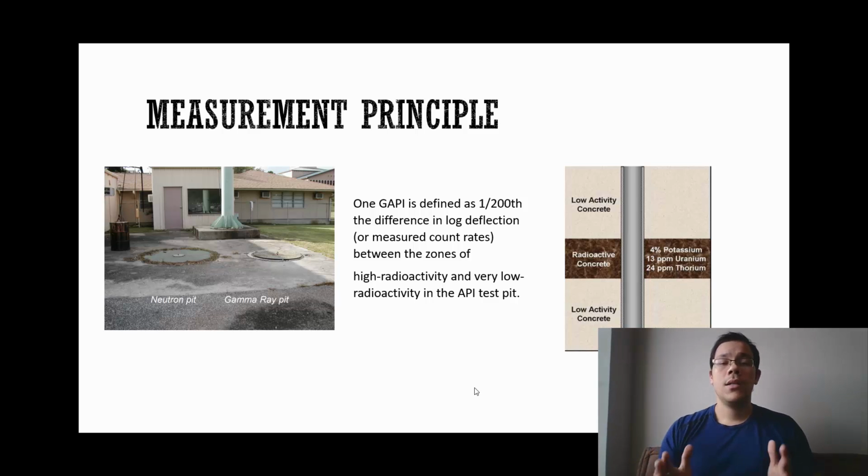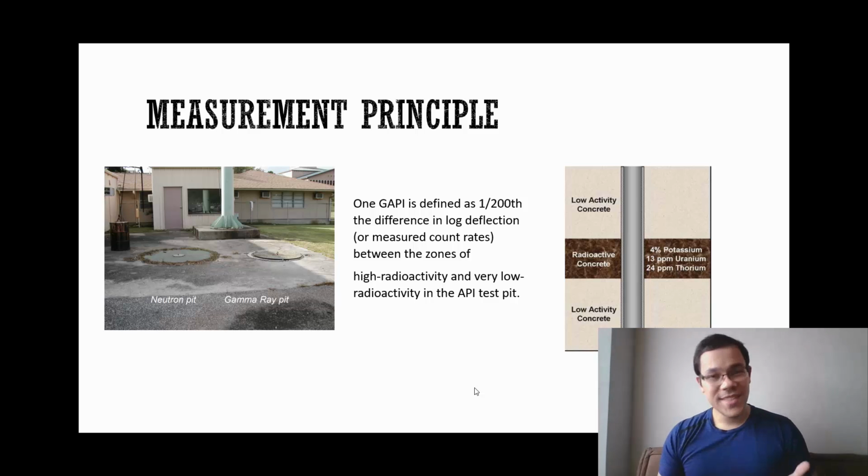On the log, you will see that the units in which the gamma ray curve is presented are GAPI, G-A-P-I. So what is a GAPI?